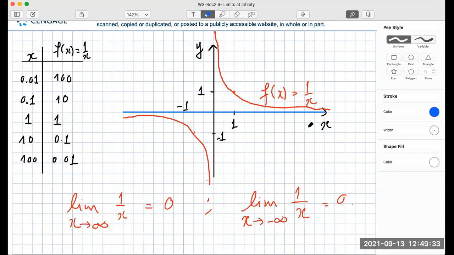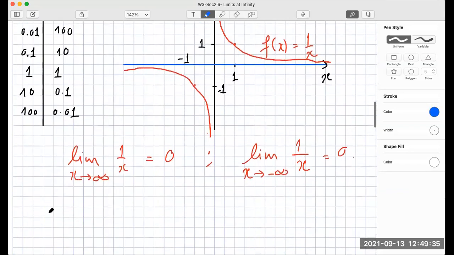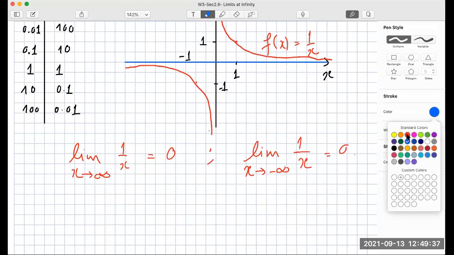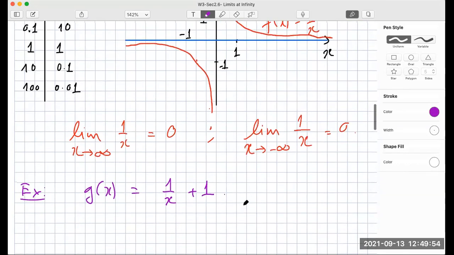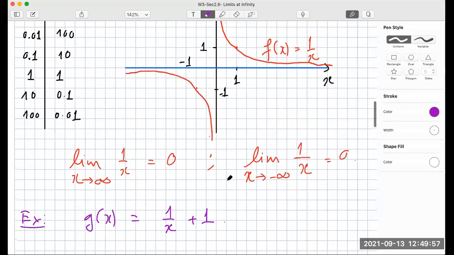Now, play with this. How about the function g of x is equal to 1 over x plus 1? How does it look like?